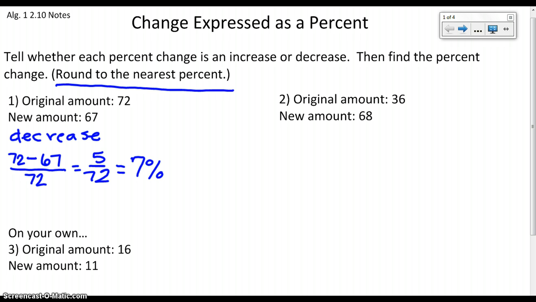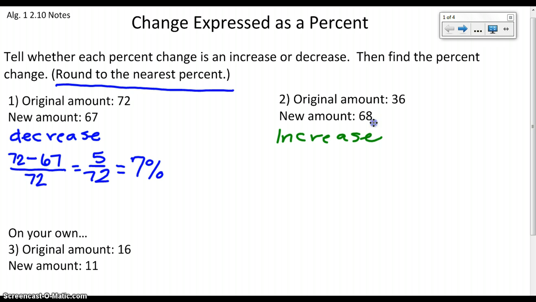We're going to do number two. So the original amount is 36, and we go up to 68, so that is an increase. And now we're going to find the percent change. For the last one, we did the original amount minus the new amount.